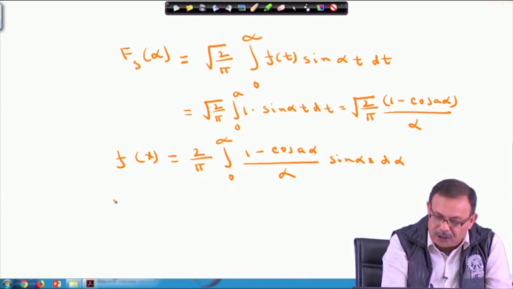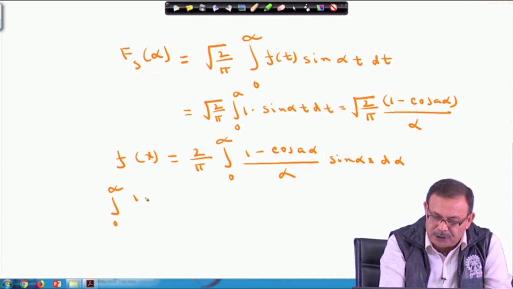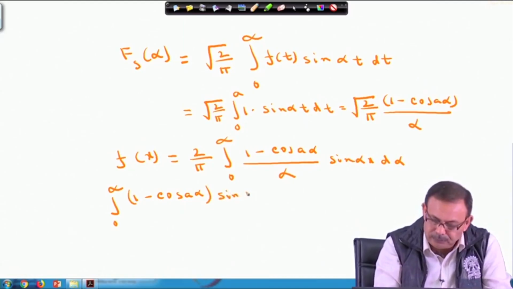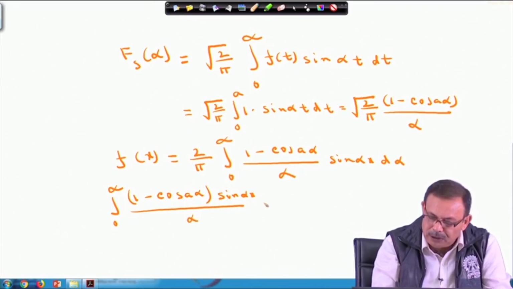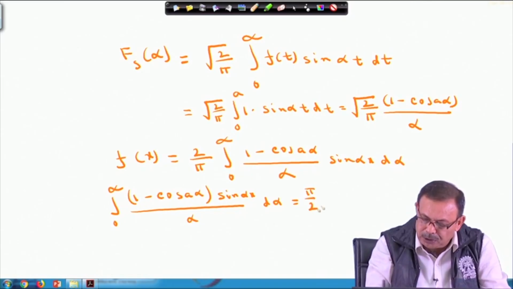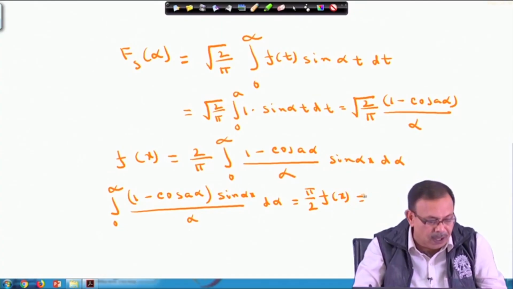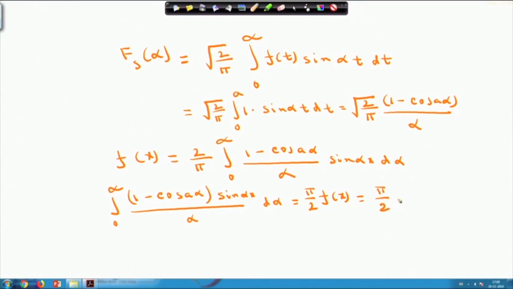So, the value of the given integral, 0 to infinity of 1 minus cos of a alpha into sine of alpha x by alpha d alpha, is equal to pi by 2 into f(x), and again we know f(x) is 1 for 0 to a. So, it will be pi by 2 whenever x lies between 0 and a, and for x greater than or equal to a, this will be equal to 0.